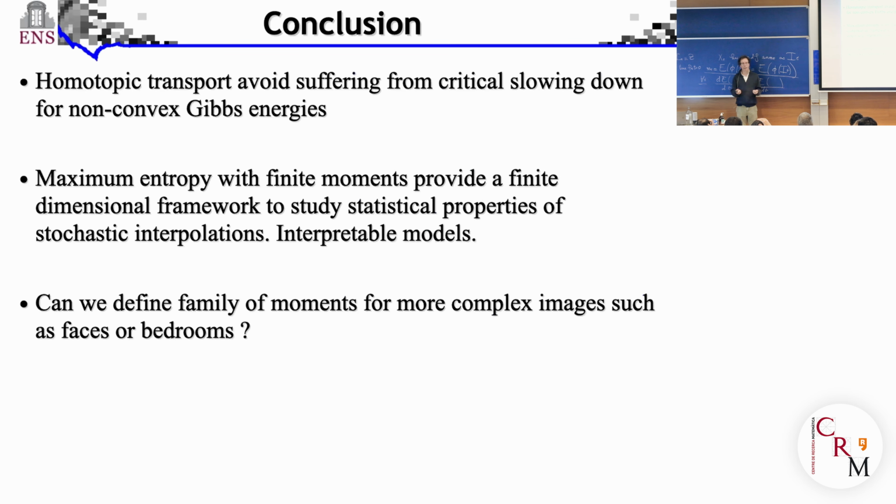Beyond neural networks, they are now completely key tools in statistics to synthesize any probability distribution in high dimension, because they avoid the critical slowing down that occurs when you have a non-convex energy. So these are really now very important tools that you can apply almost everywhere. In this case, we've been applying it to these finite moment models with maximum entropies.